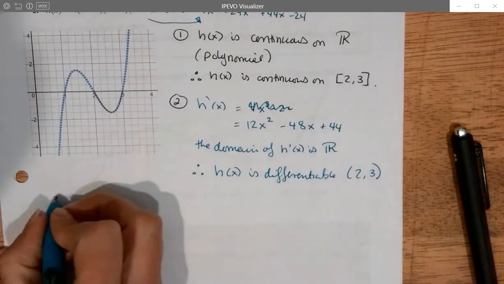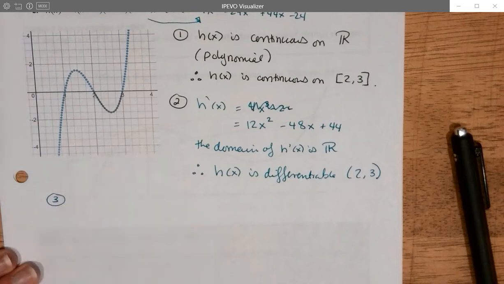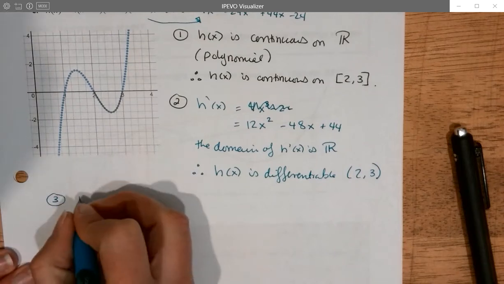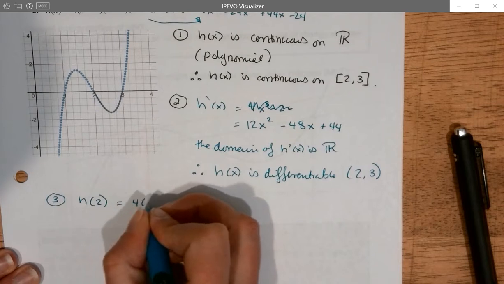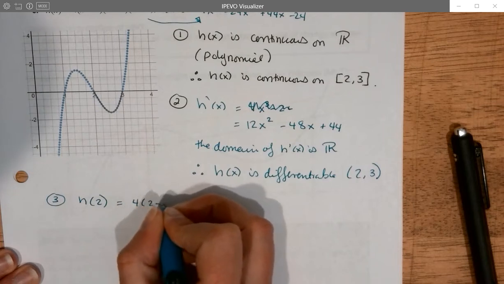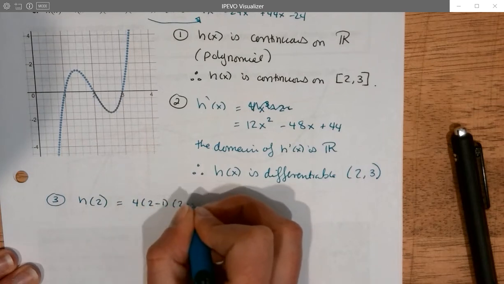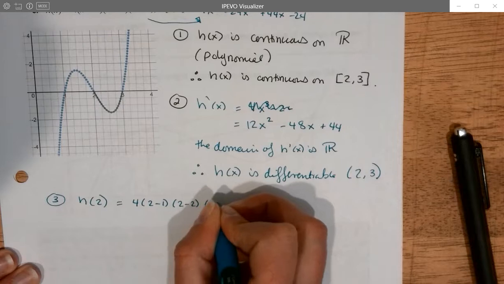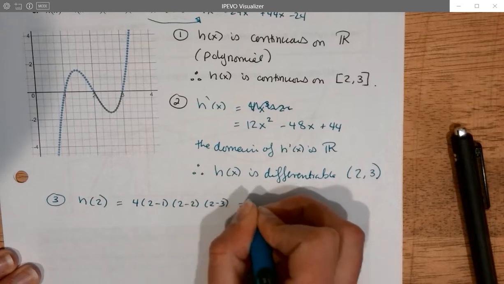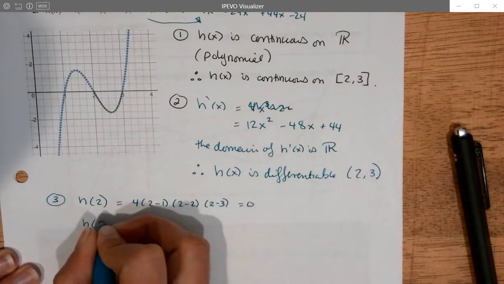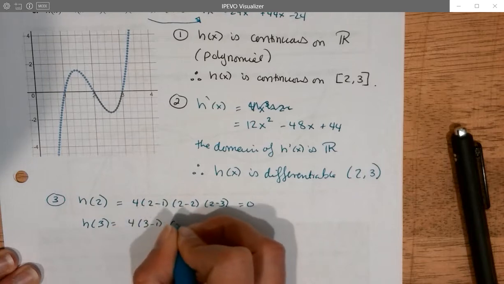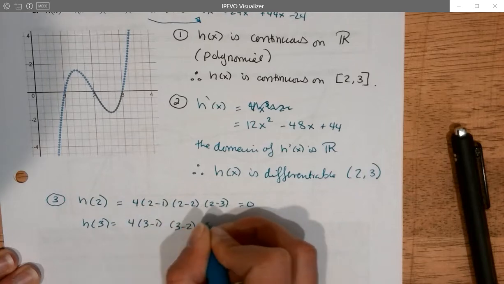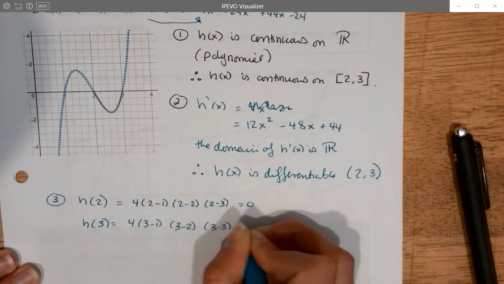So condition 3, we're going to be checking that the left endpoint equals the right endpoint. So h of 2 is 4 times 2 minus 1 times 2 minus 2, that's 0, times 2 minus 3, so that's 0. And h of 3 is 4 times 3 minus 1 times 3 minus 2 times 3 minus 3, that's also 0.